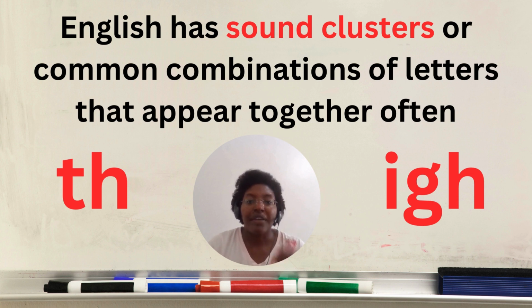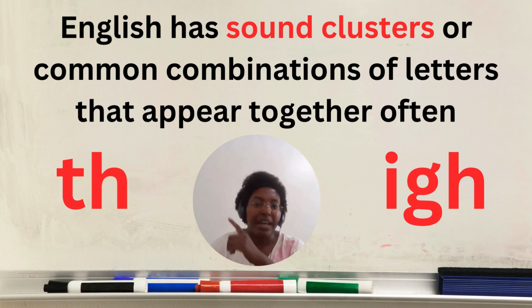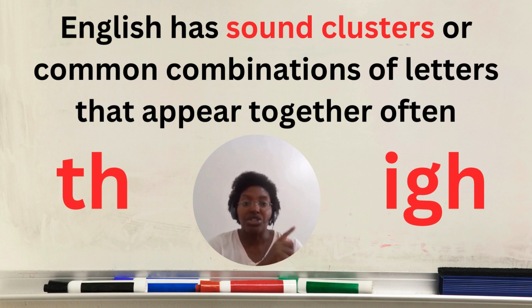So letters in English have individual sounds, but we have what we call in English sound clusters. Sound clusters are a common combination of letters that appear together often. So we have the TH, and that produces a sound, and we have an IGH, and that produces its own sound.